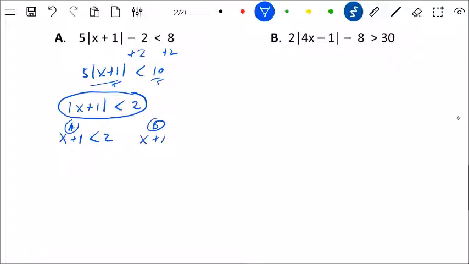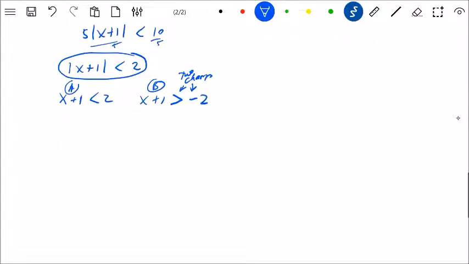Case B, x plus 1 now greater than negative 2. 2 changes. You don't have to write 2 changes, you just have to do them. Okay, so I'll subtract 1 for both of these. Here I get that x is less than 1 and x is greater than negative 3.